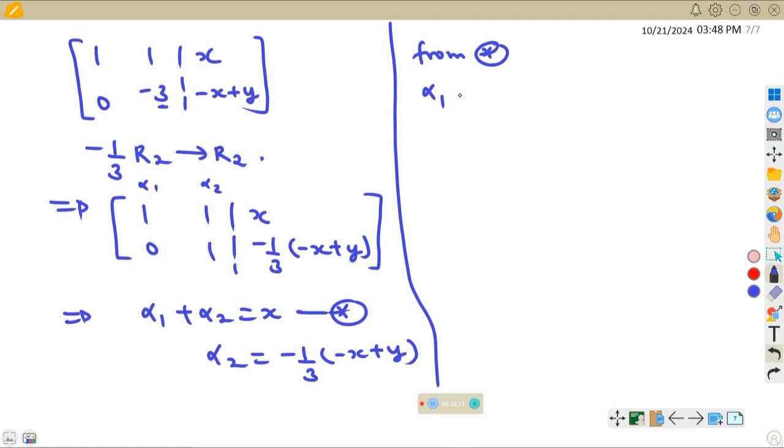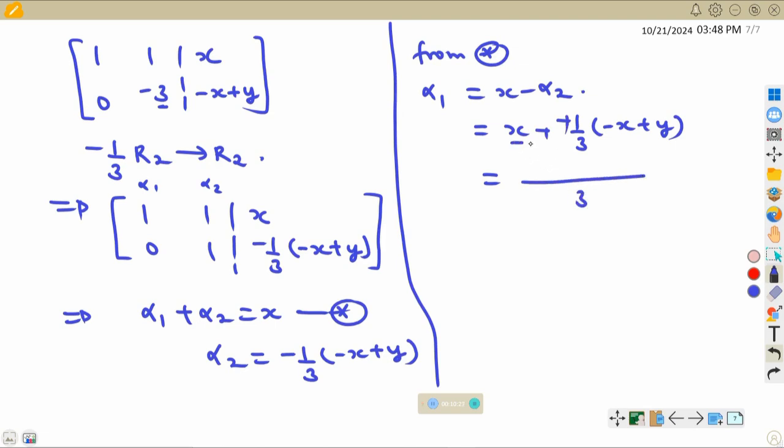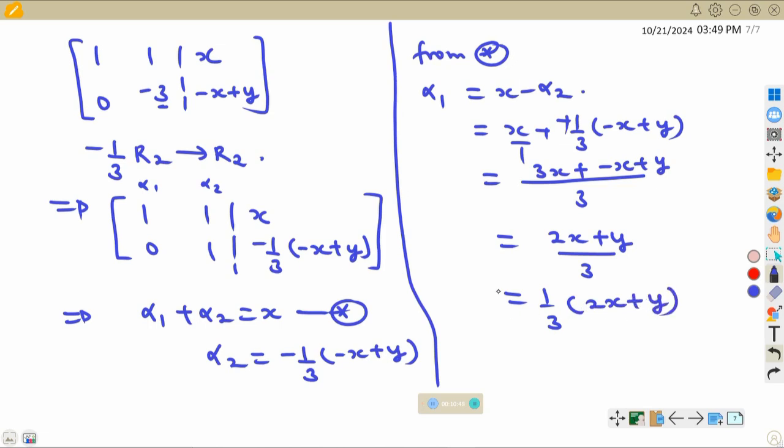We have alpha 1 equal to x minus alpha 2, which is x minus a third into negative x plus y. LCM is 3, 3 divided by 1 is 3x, plus 3 divided by 3 is 1, this is minus x plus y. So this will give us 2x plus y divided by 3. So we can write this as a third into 2x plus y. This is alpha 1.